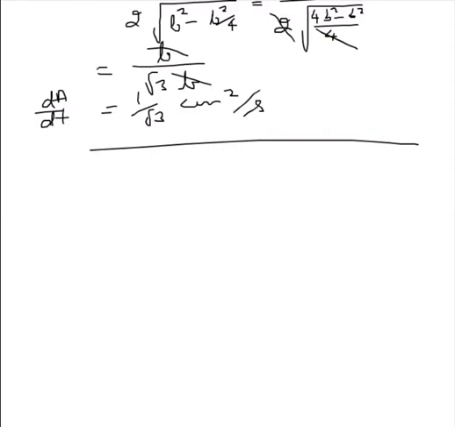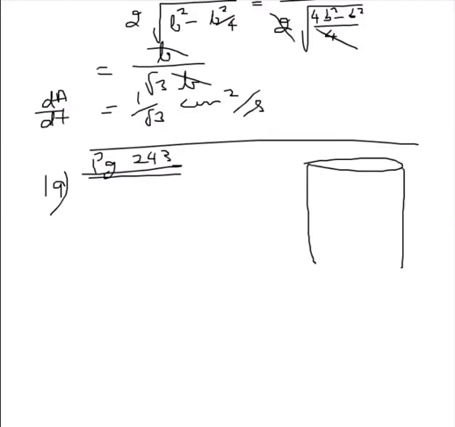Now the 19th question of the miscellaneous exercise, page 243. This is a little different question. Here the container is cylindrical and the radius of the container is 10 centimeters. You are pouring wheat into it.